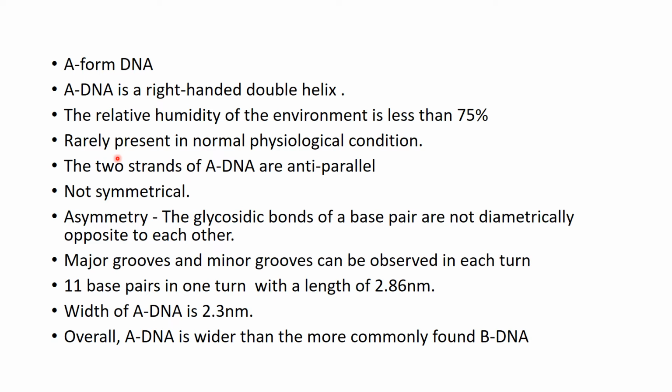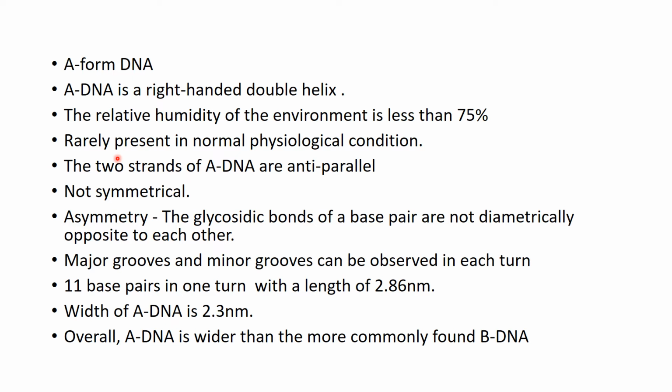This DNA is only encountered when the environmental conditions have changed slightly and the humidity is less than 75%. So it depends upon the environmental condition whether the normal form of DNA, that is the B DNA, or the A DNA will exist. Under normal physiological conditions, generally we do not see A form of DNA.